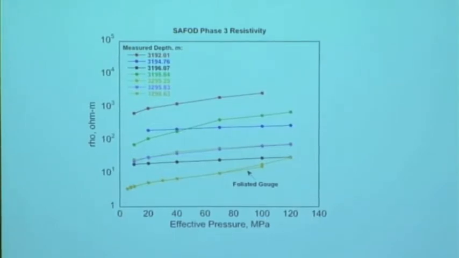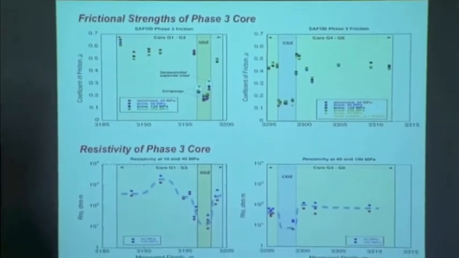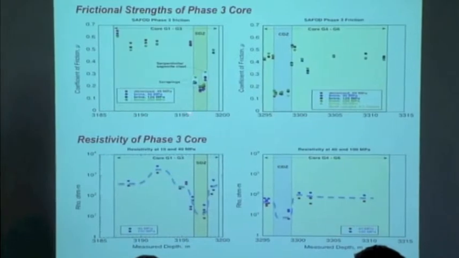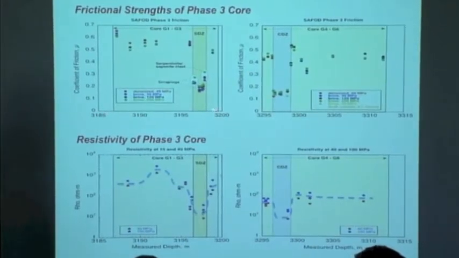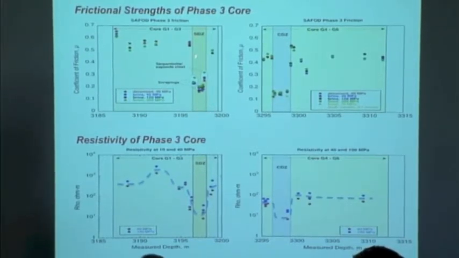Each one of these is a sample that, well, if I show this slide, so here now is the measured depth in the phase 3 drilling. So like the SDZ, for example, the foliated deformation zone would be at this depth range.